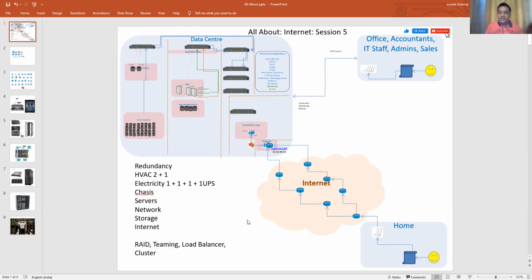So those data center service providers, this is not the enterprise data center. It means that it is not dedicated to one company. Anyone can go and say that I need 2 rack space, and they will give the 2 rack space.